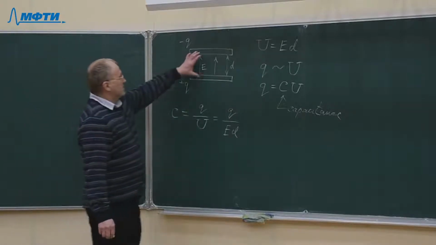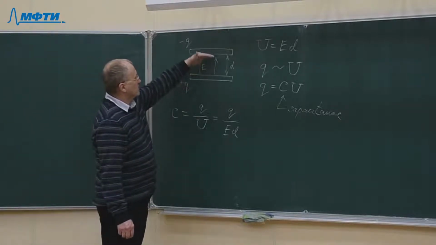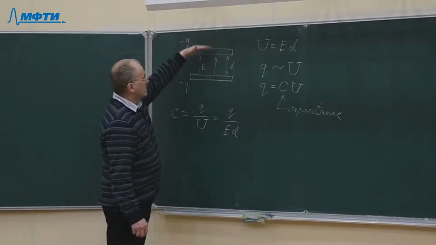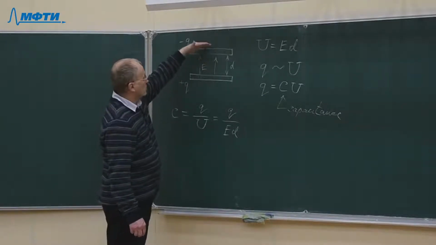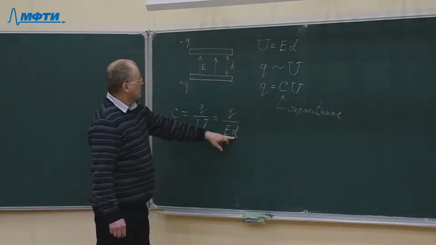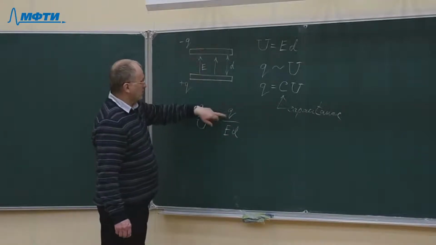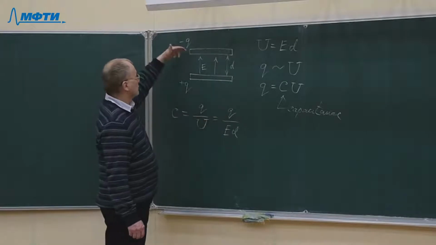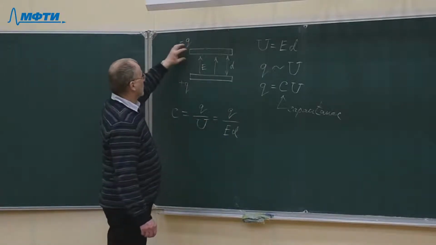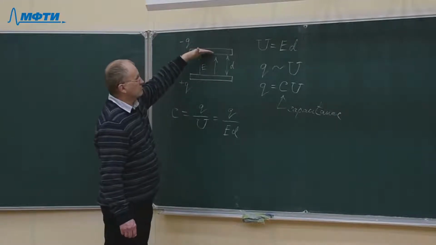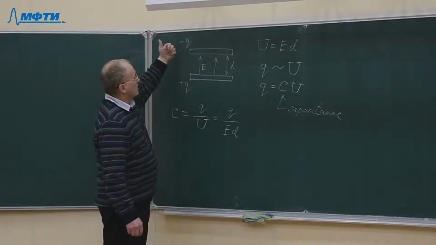The distance between the plates is something that we can easily change by just shifting the upper plate up or down a little bit. So the distance can be changed. And the question is, if we change only the distance, will the charge of the capacitor change? Certainly not. The number of electrons put on this plate will remain unchanged because we do nothing with this number of electrons.